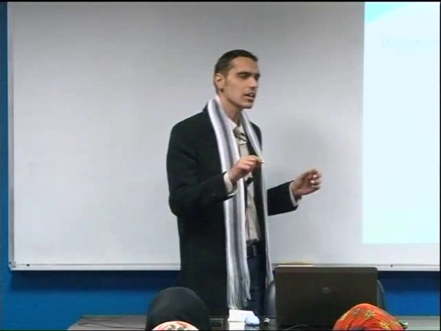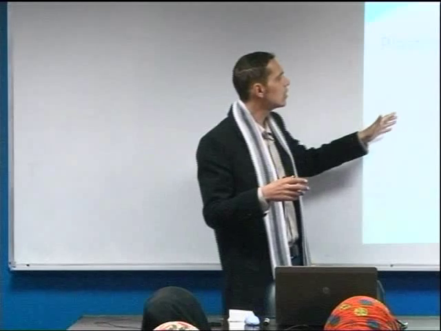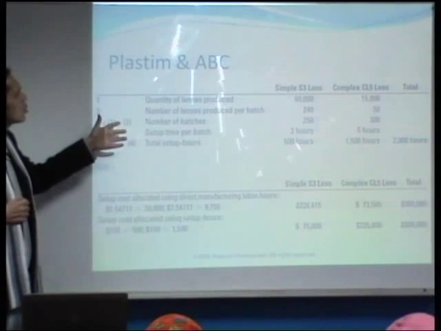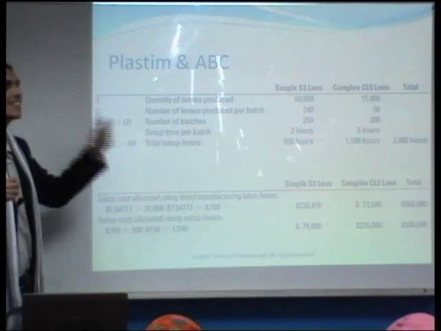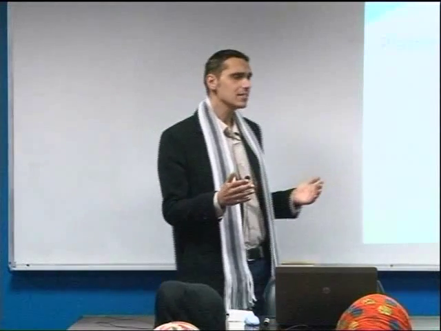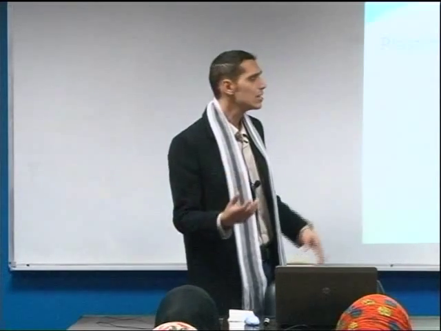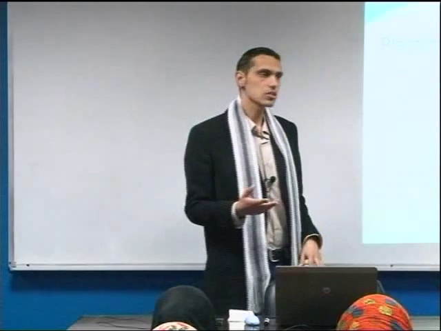And of course, we took a head start on how to implement activity-based costing, and we took as an example the activity of setting up the molding machines. We said that the allocation base here was chosen as the setup hours, not the number of setups, and we discussed why.